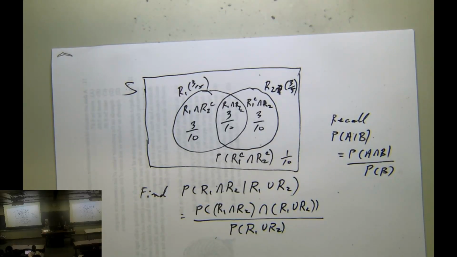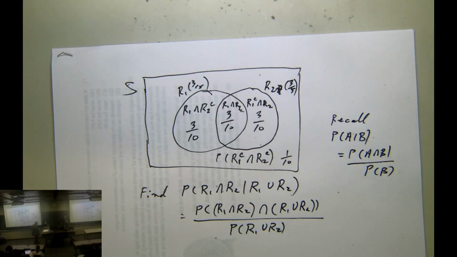How's anybody supposed to solve a problem this difficult? It's by thinking it through and saying to yourself, where is R1 intersect R2 intersected with R1 union R2? Well, one of the tricks is that the intersection is always included in the union, okay? So the intersection has to be a subset of the union.